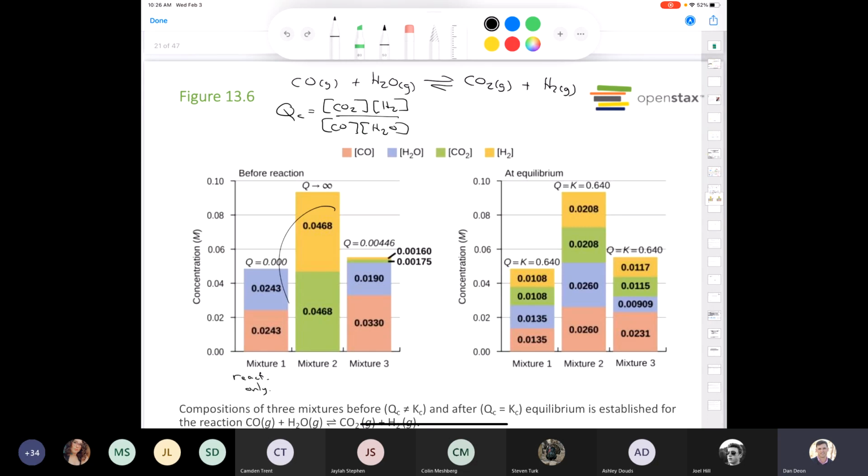Then here's another scenario where you have 0.0468 of each of the two products. So that means you've got something divided by 0, and anything divided by 0 gives you infinity. So you have the two extremes of the Q.